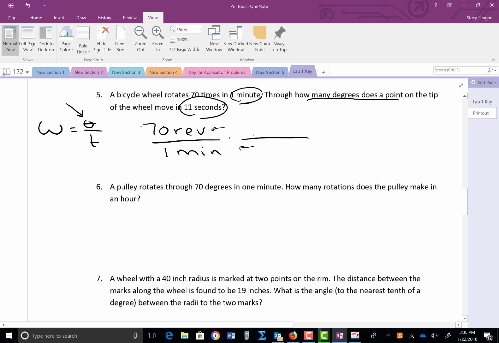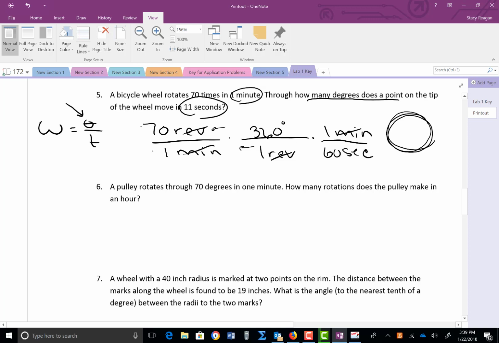And since we have revolutions or rotations and we want degrees, we need to know that one rotation around the circle is 360 degrees. So one revolution or rotation is 360 degrees. So that makes the revolution or rotations cancel, and I'm left with degrees. And I'm left right now with degrees per minute. And I don't want minutes, I want seconds. So what I know about that is that 1 minute, and again, minutes are on the bottom, and I want to make it cancel, so I'm going to put it on the top, is 60 seconds.